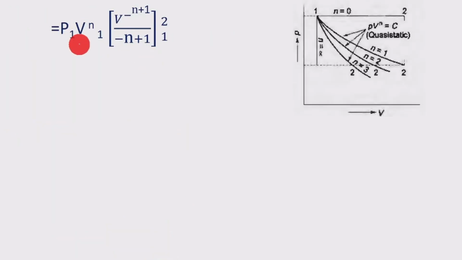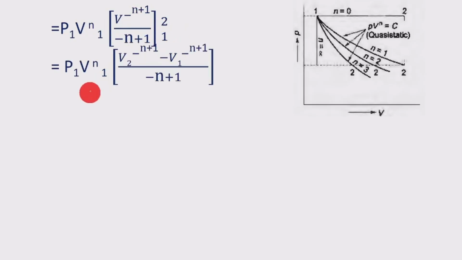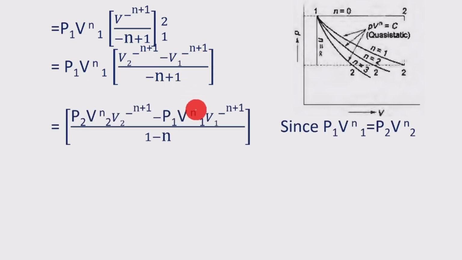Substituting the limits, we get V2 raised to minus n plus 1 minus V1 raised to minus n plus 1, divided by minus n plus 1.